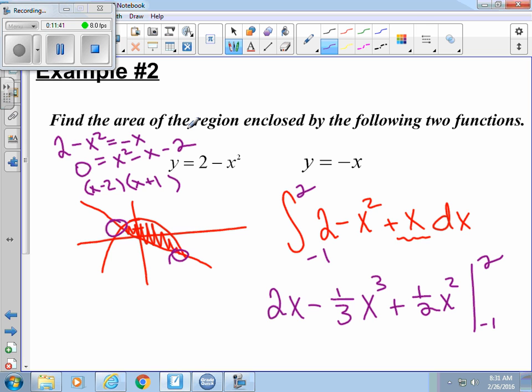Now sometimes it will say, Grant asked, how did I know it isn't this region here? There are problems that will say, find the area of the region enclosed by this graph and the x-axis, which would switch it to a different region. So you always have to read the question. This one just said enclosed by the two functions, so it was pretty straightforward.